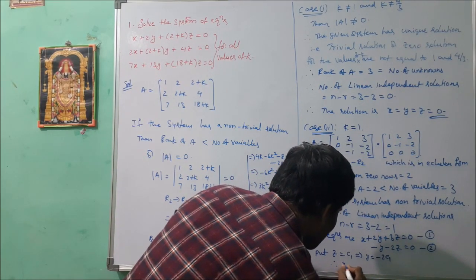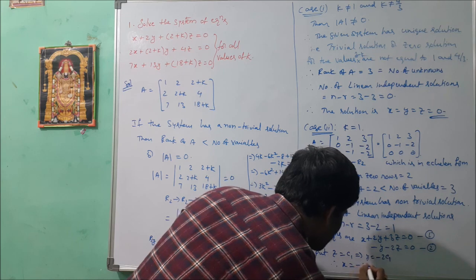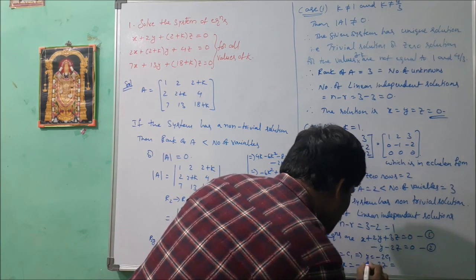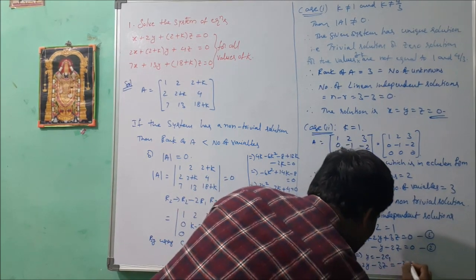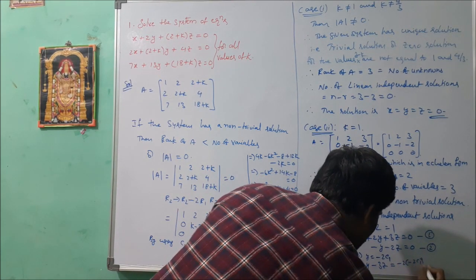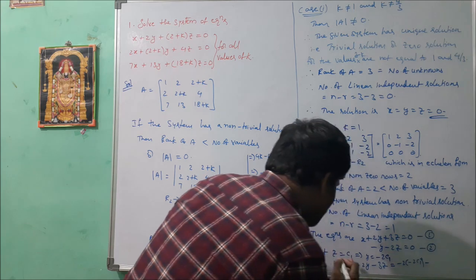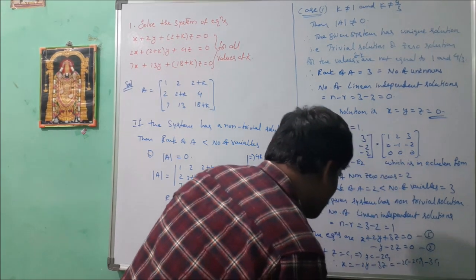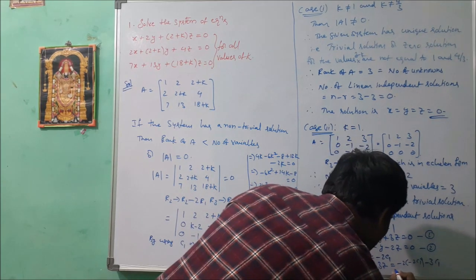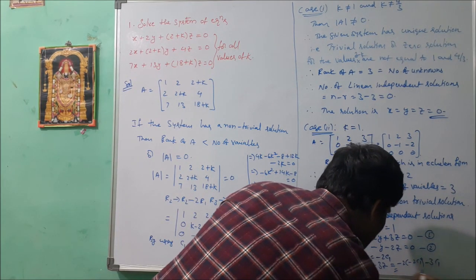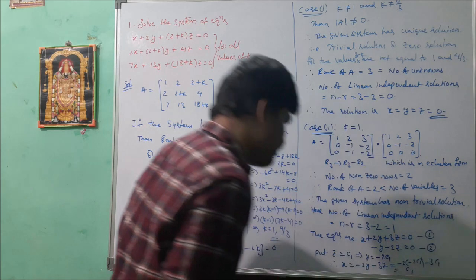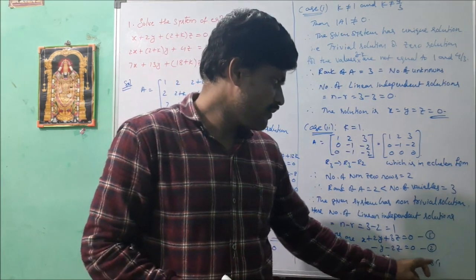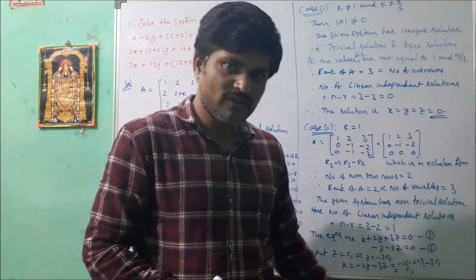Therefore, x equals minus 2y minus 3z, that equals minus 2 into minus 2c1 minus 3 times z, and z value is c1, so 3c1. So that equals 4c1 minus 3c1, which equals c1.